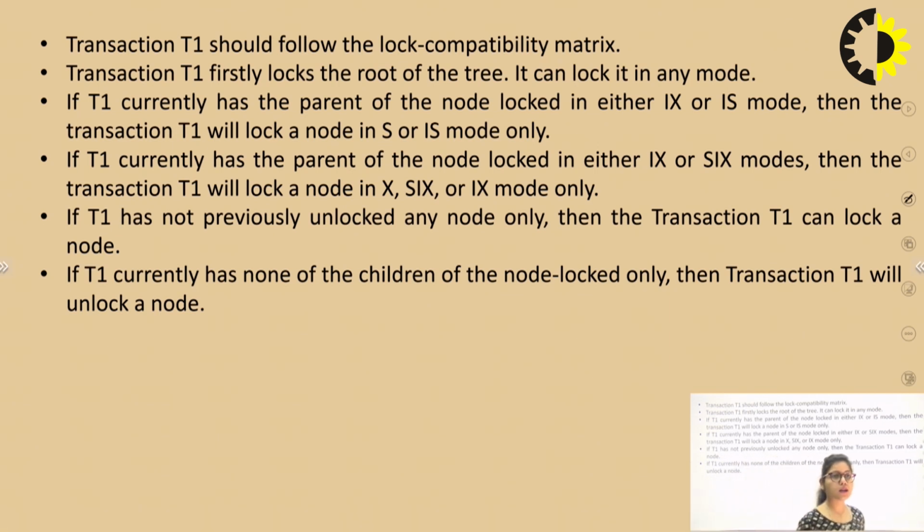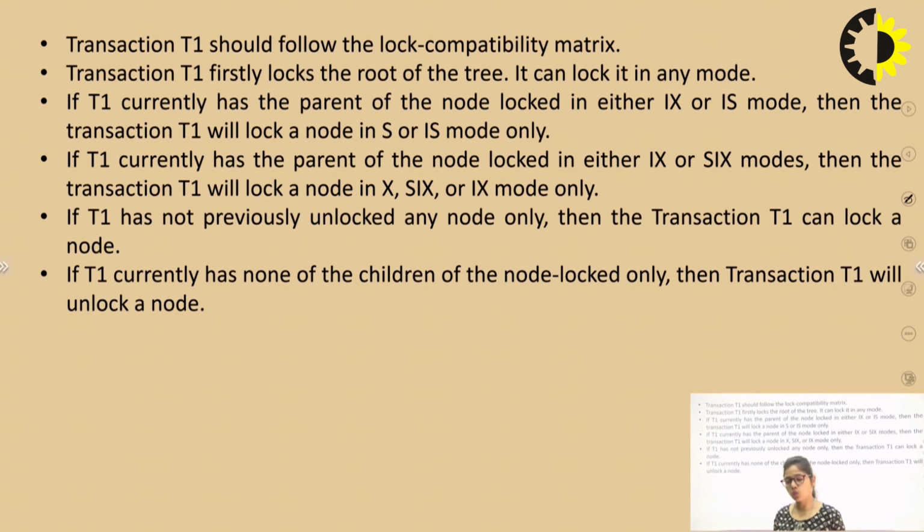If T1 currently has the parent of the node locked in either exclusive mode, intention exclusive, or intention shared mode, then the transaction T1 will lock a node in S or IS, basically shared or intention shared mode. If T1 currently has the parent of the node locked in either intention exclusive mode or shared intention exclusive mode, then the transaction T1 will lock a node in any of the modes.